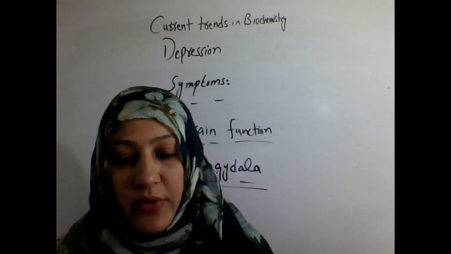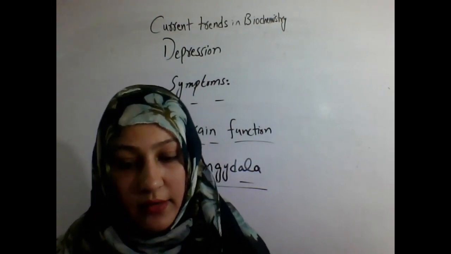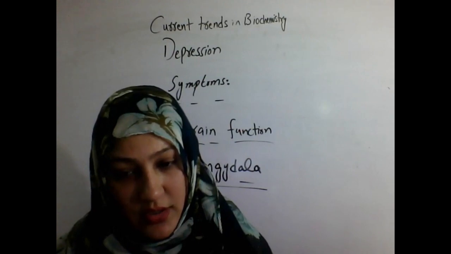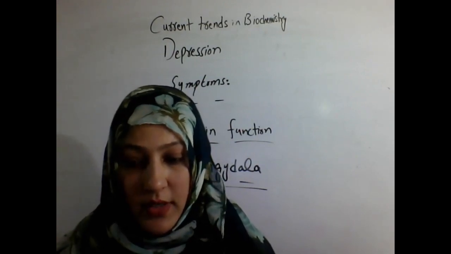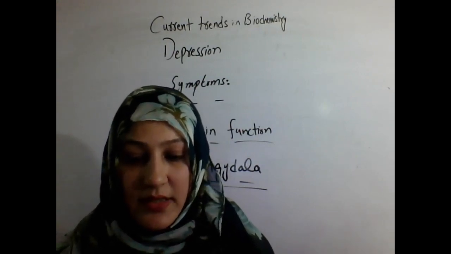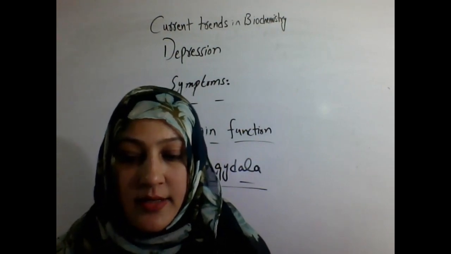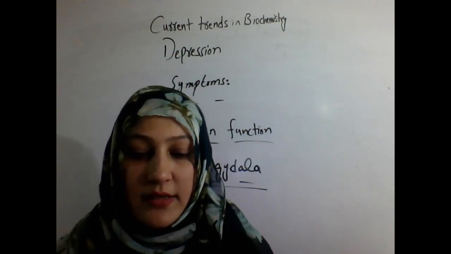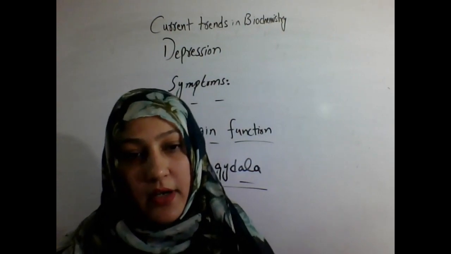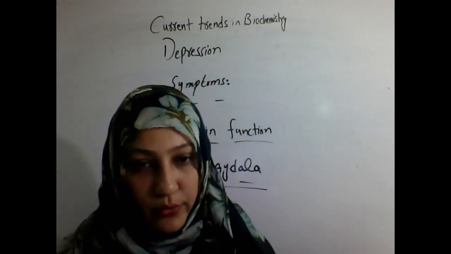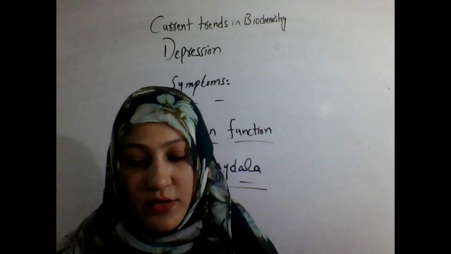This part of the brain is enlarged during the depressed condition, during depression episodes. It causes disturbance in sleep, changes in activity levels, and changes in the other hormones which are produced by the brain.